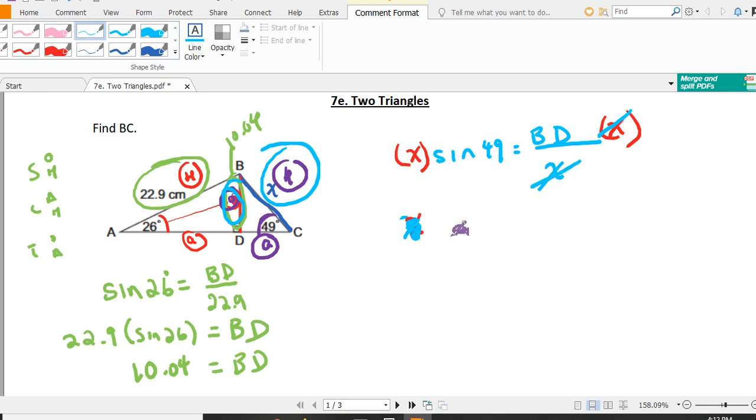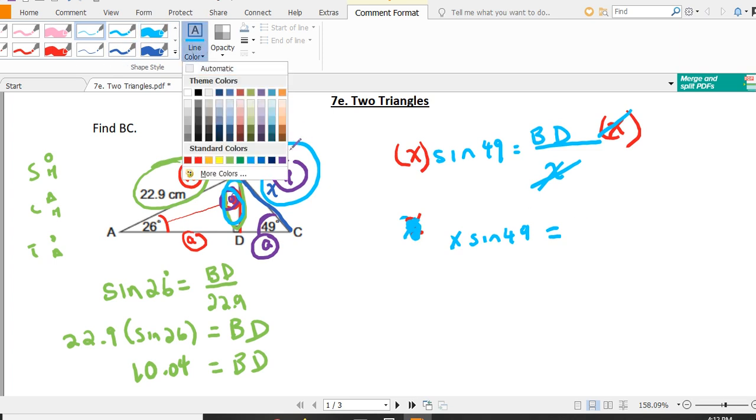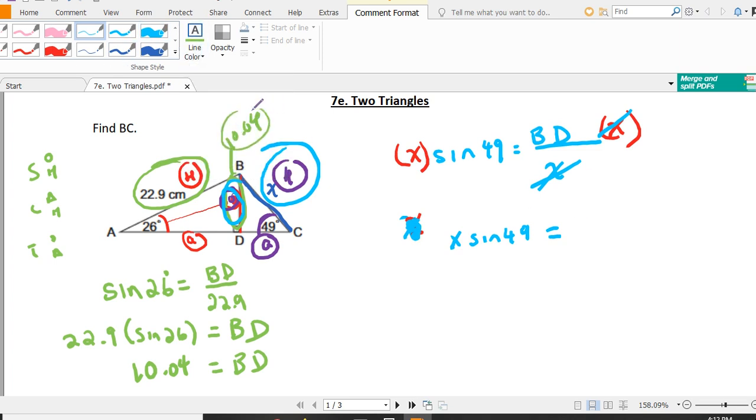So I'm left with x sine 49 equals, well, what was BD again? 10.04, divided by 1 because the two x's cancelled out.